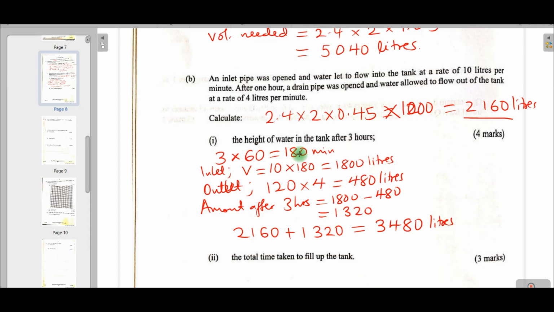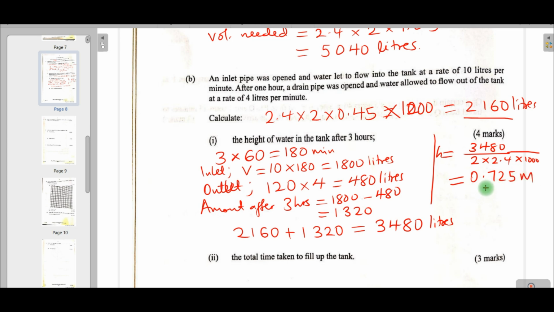The question is the height of water in the tank after 3 hours. So the height of water in the tank will be, we have the total volume, so we are going to divide by, since we need to find the height, the width 2 times 2.4, again times 1,000 since it is in liters, and therefore we shall end up getting 0.725 meters.